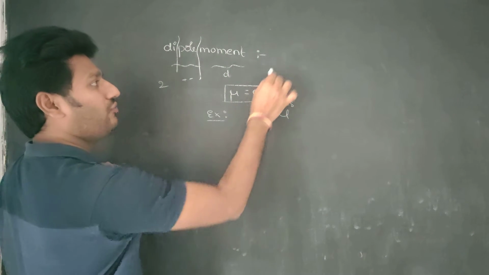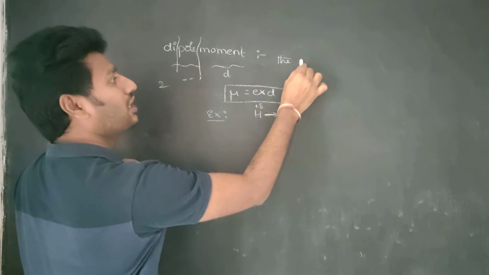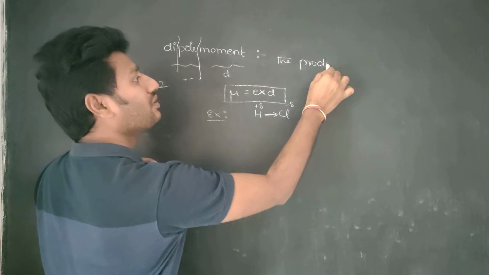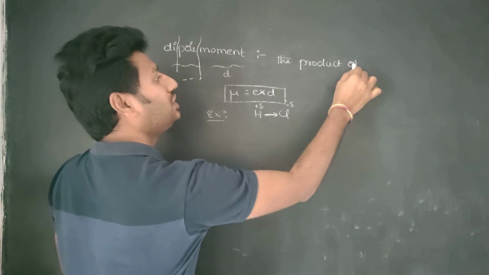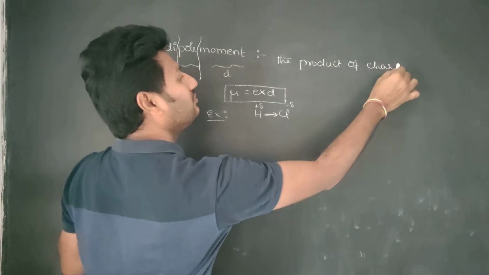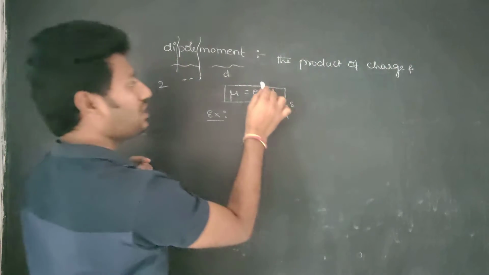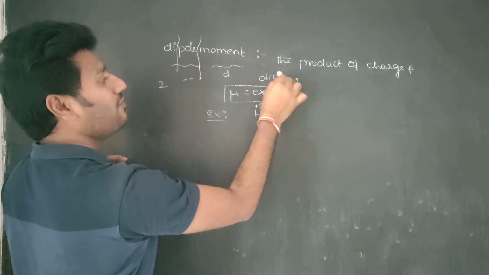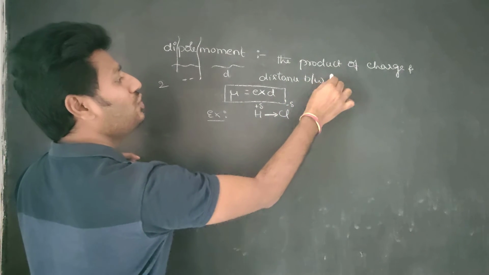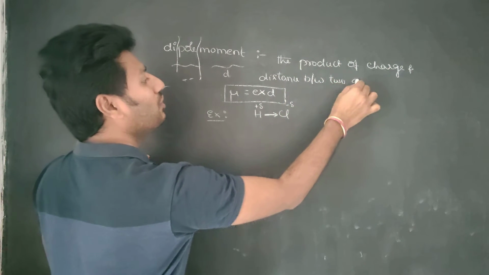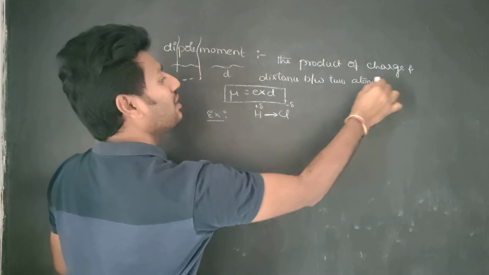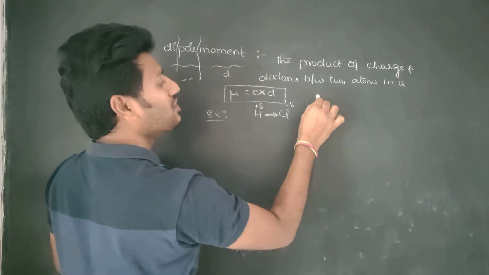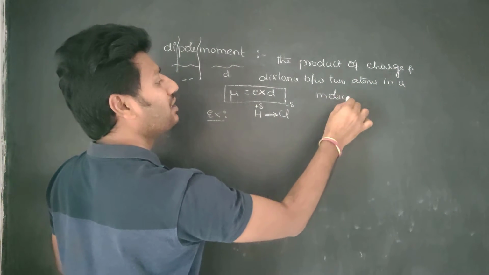The product of charge and distance between two atoms in a molecule is known as dipole moment.